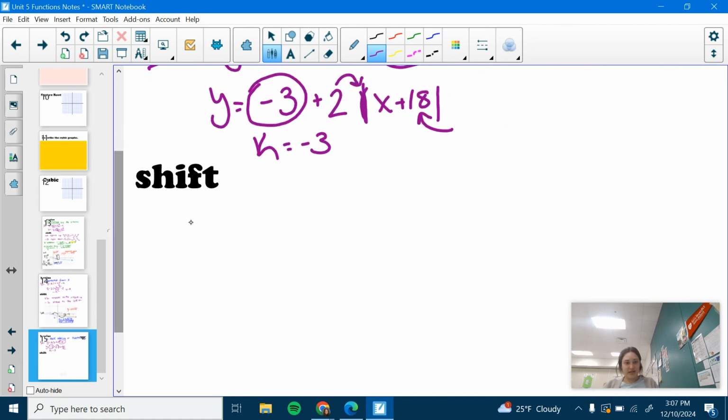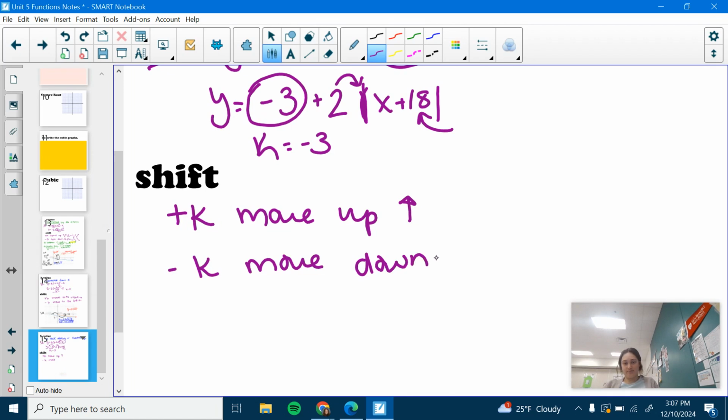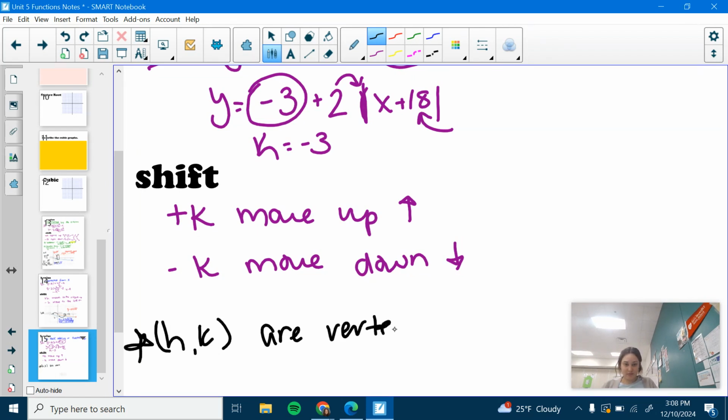Now the shift that it makes, when we have a positive k value, we move up. When we have a negative k value, we move down. Okay? Pretty straightforward. Now one thing to note, and you might want to note this as an additional note somewhere, is that the h and the k together are the vertex, endpoint, or middle of your graph.